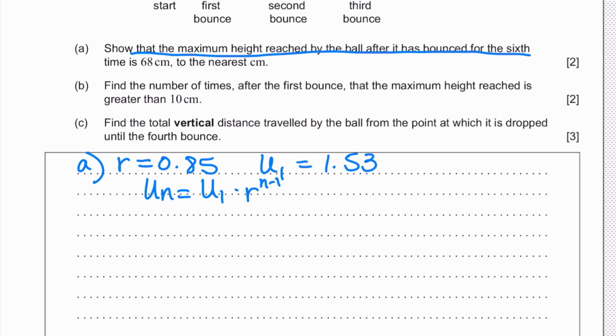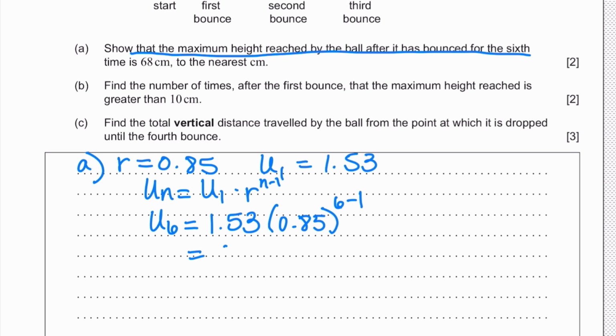So in this case, I want to show that the height after the sixth bounce is going to be the first term, which is 1.53. Remember, it is not 1.8 because 1.8 is the initial amount. So 1.53 times 0.85 to the 6 minus 1 power.